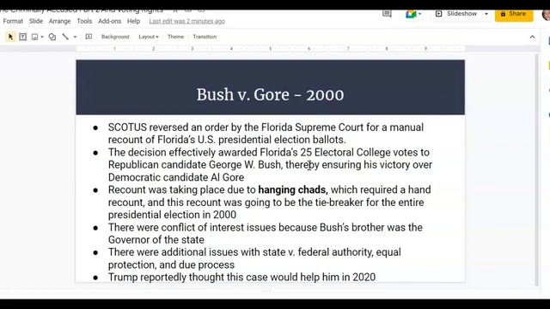So if you don't know how the Electoral College works, basically we don't have a one-person, one-vote system here in the United States. Each state is assigned a number, and that number represents how many people you have in the Senate and House of Representatives. So let's say, for example, Massachusetts has 11 because we have 2 senators and 9 people in the House of Reps. So if, for example, Al Gore were to win Massachusetts in the year 2000, he would get all 11 of those electoral votes.